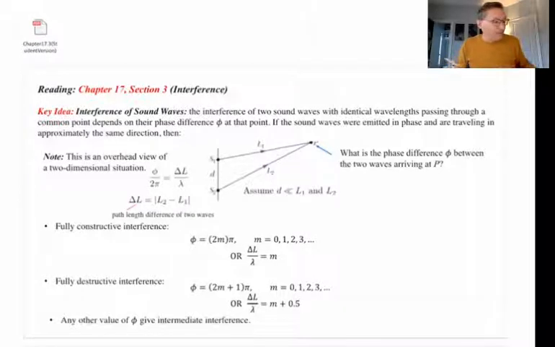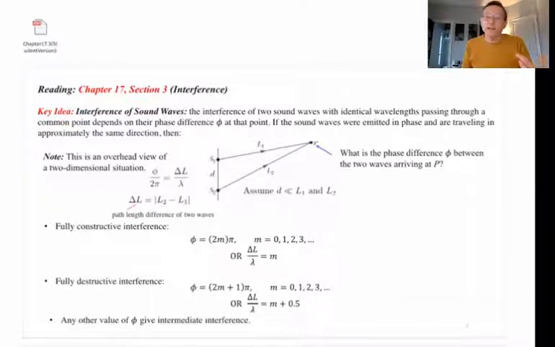Hello again. This is video lecture 17.3, and we're going to talk about section 3, chapter 17, interference, specifically interference of sound waves. Now, we talked about the phenomenon of interference for the first time in chapter 16, where we said interference is what you have when you have two or more waves in the same medium at the same time.